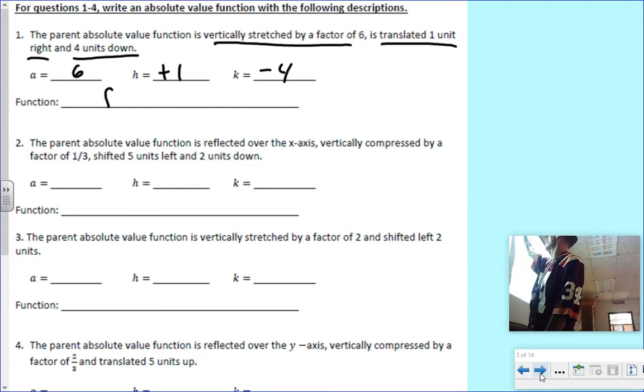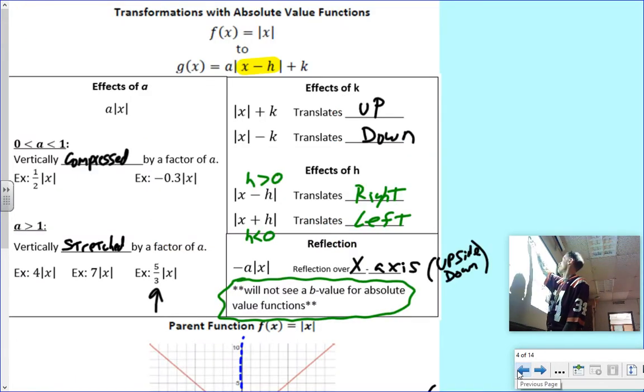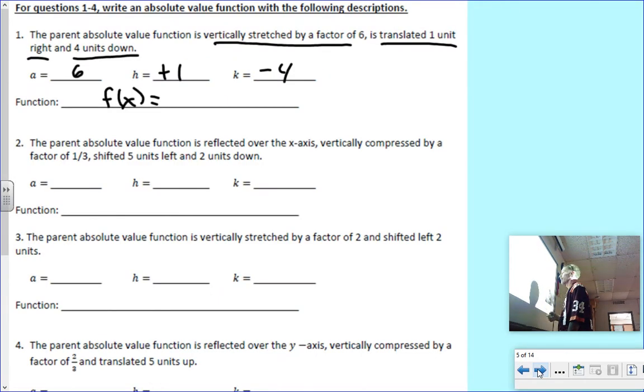To write the function, I'll call it f of x equals, and again, just remember your format. The a goes in front, and then your vertical line, x minus h on the inside, and then plus whatever k is on the outside. So since h is positive, remember that's going to look backwards. So we have a 6 out front, and then we have x minus 1, and then -4. And that's it. That's your function. Nothing else you have to do.